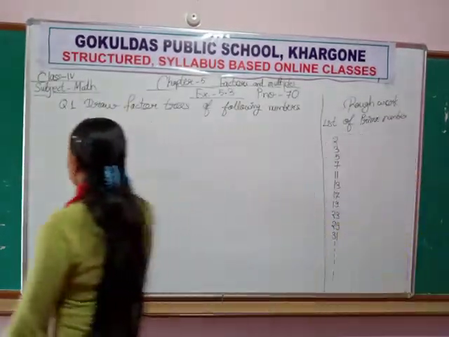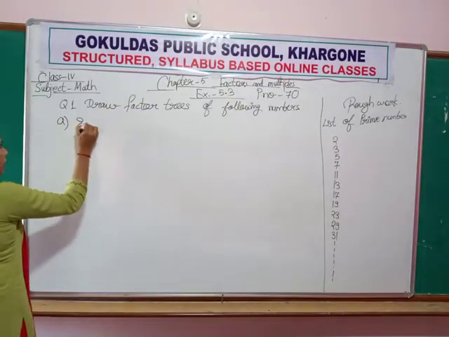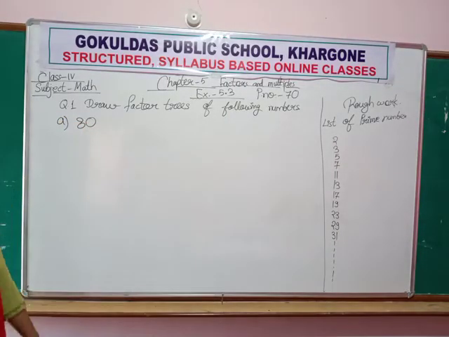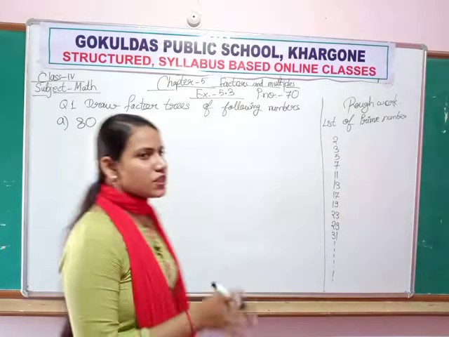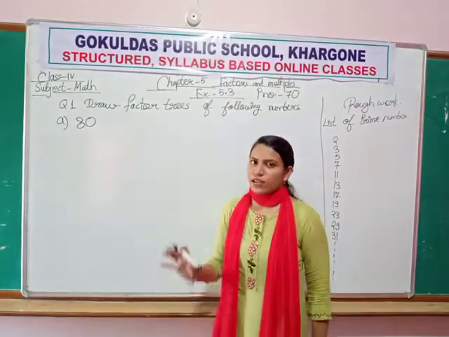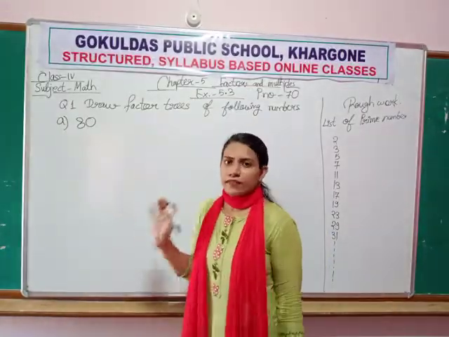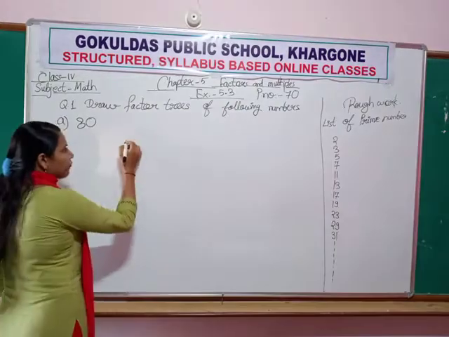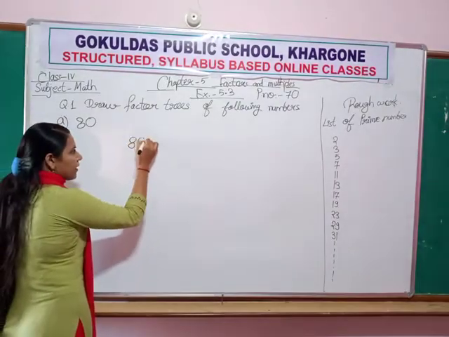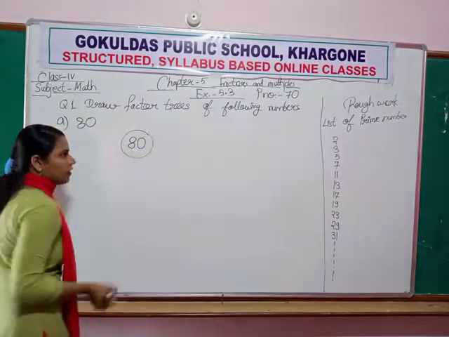Suppose let us start with question number A. The given number is 80, right? And you want to make its factor tree. So what is the step? First of all, you will write this 80 in a circle.